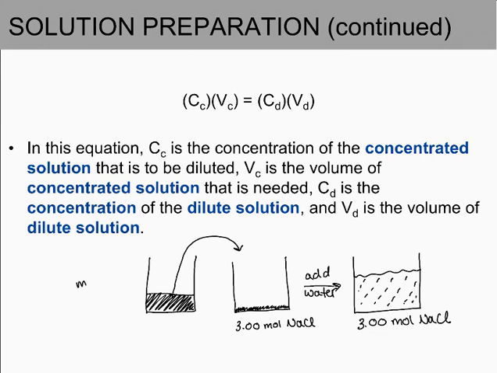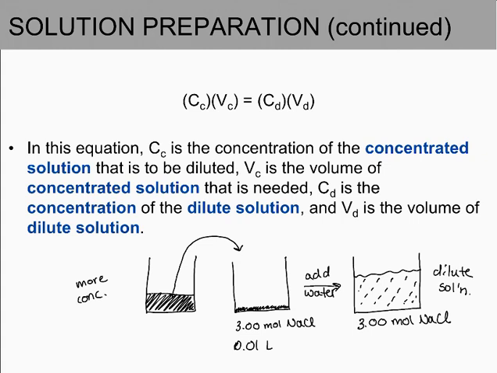So again, we have our more concentrated solution and then our dilute solution. So if we were to write in volumes, maybe we have 3 moles of sodium chloride in, let's say, 0.01 liter.